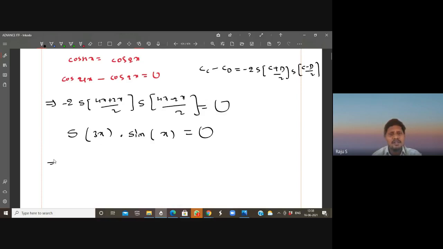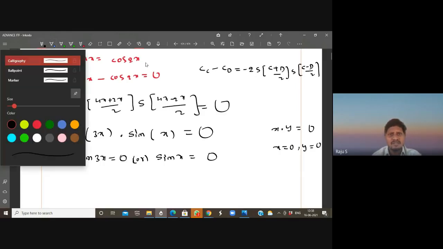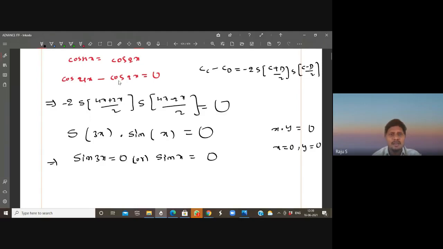Is it clear, students? Then here it is sin 3x into sin x is equal to 0. It is a product of two different values. For example, xy is equal to 0 means x is equal to 0 or y is equal to 0, yes or no? What I have done: I took cos 2x to the left side, applied the cos c minus cos d formula, and cross multiplied the minus 2.